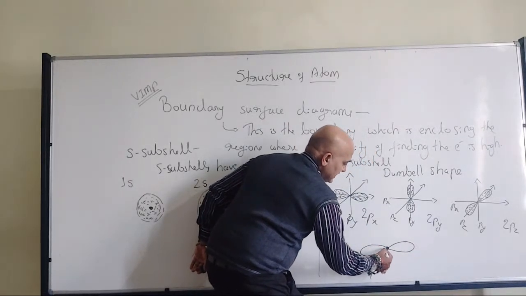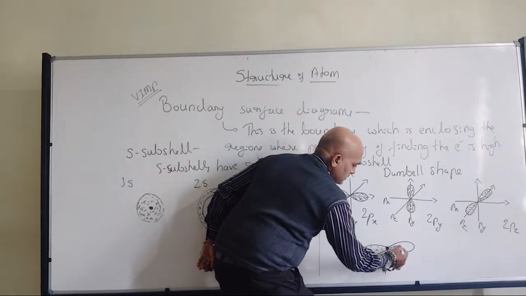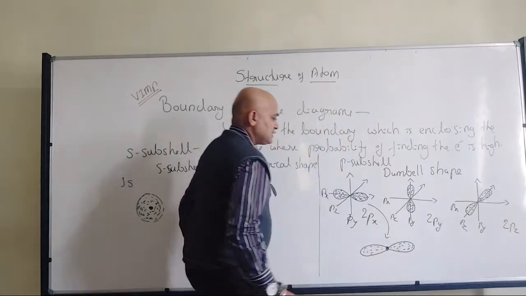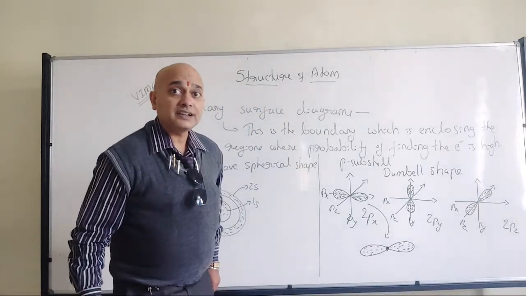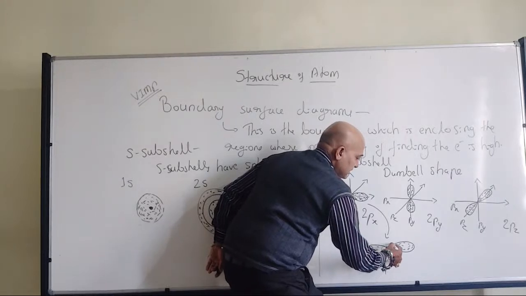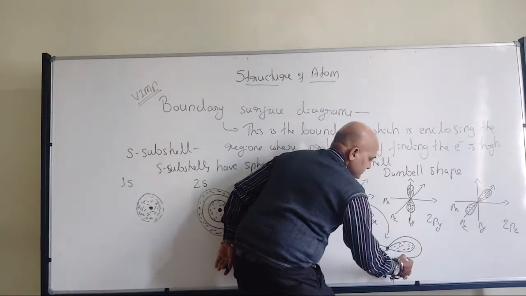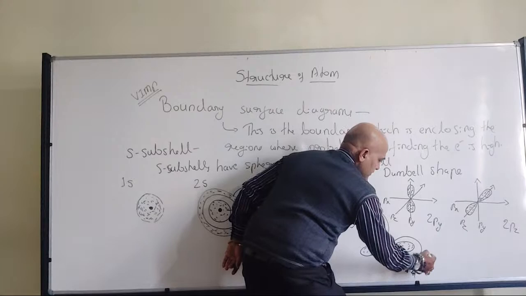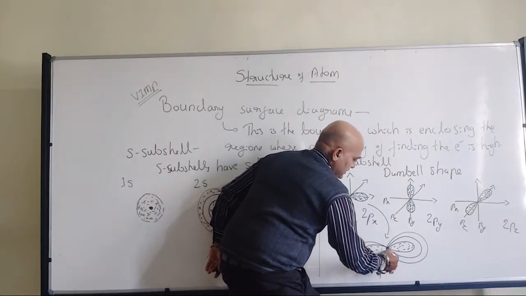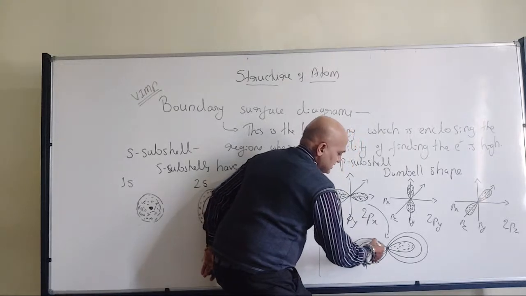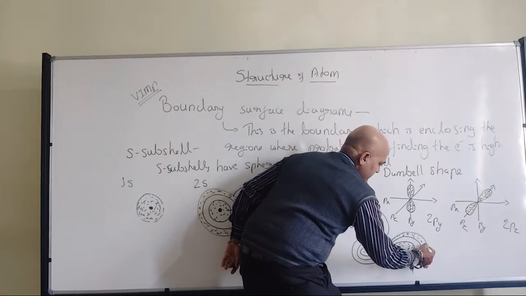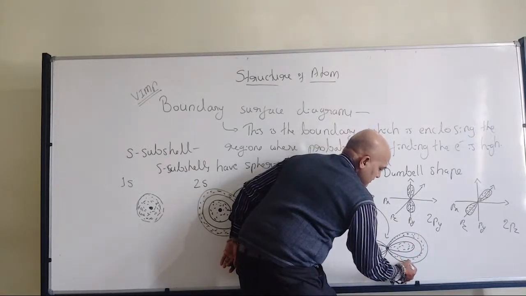So now I am going to draw 3px. This is related to 2px. When I am drawing the 3px, it looks like a butterfly wing, right?